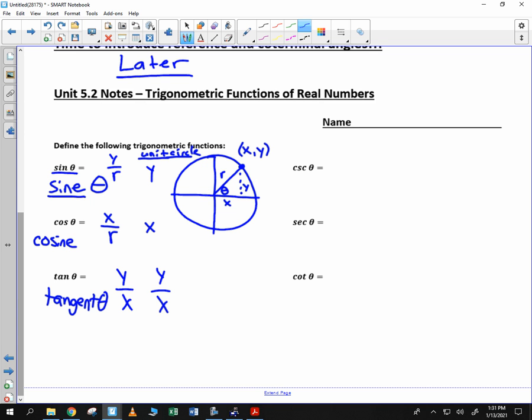All right, this is cosecant. Turns out that it is the reciprocal of sine. So it's 1 over sine. So that would be r over y, or in the unit circle, it is simply 1 over y.